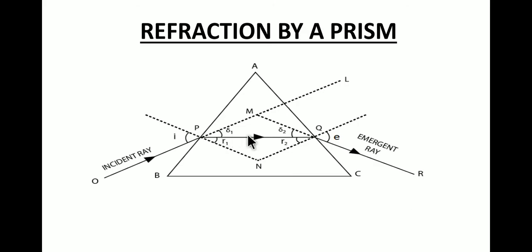Again, when it is traveling towards the second surface, it emerges out as an emergent ray, and this angle is the angle of emergence. This is the second refraction point, and this is the second deviation.